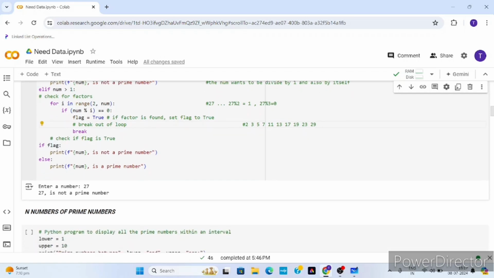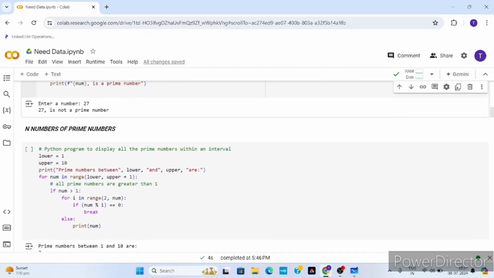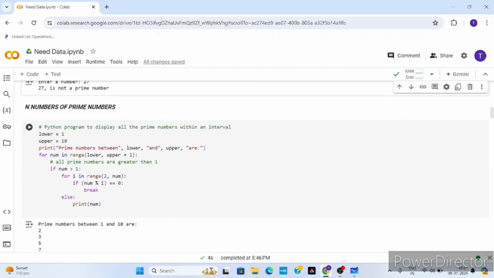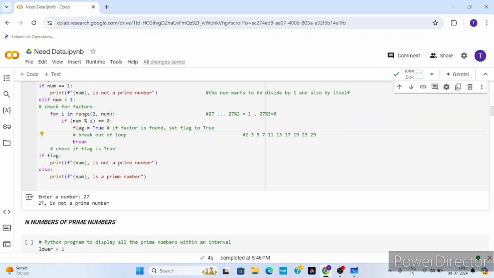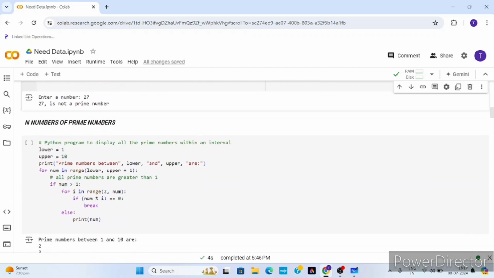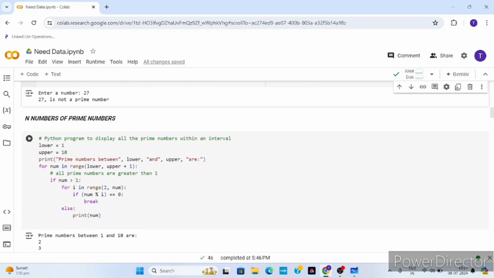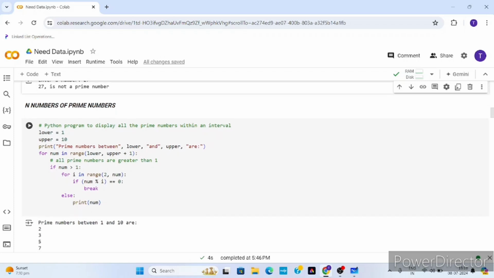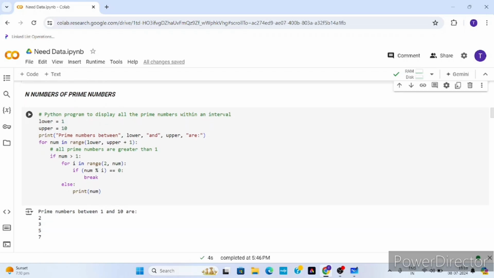Next, n number of prime numbers. In the previous program, we were getting a number from the user. But here, I'm going to print all the prime numbers between two values. I'm going to assume the lower limit is 1 and the upper limit is 10. So in this program, I'm going to print all the prime numbers between 1 and 10.